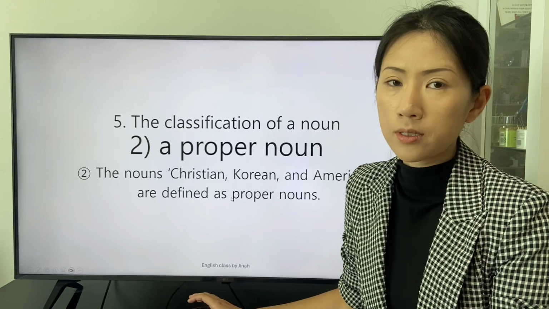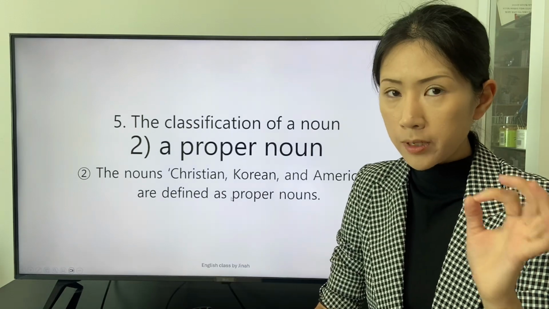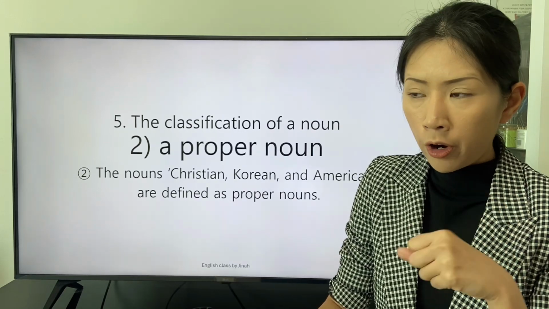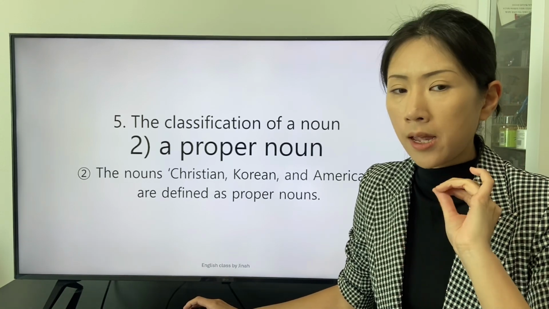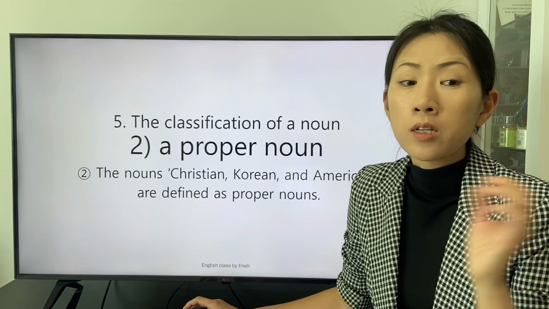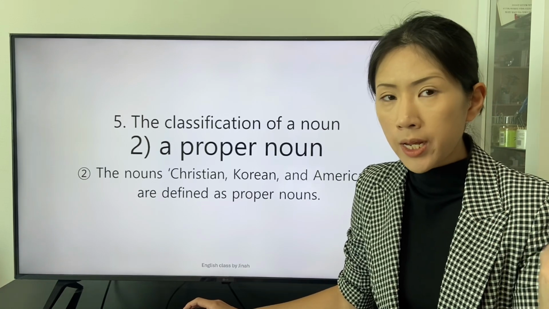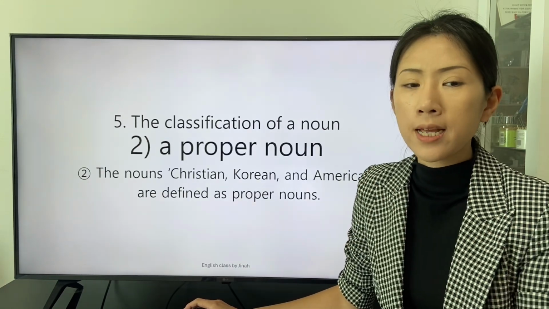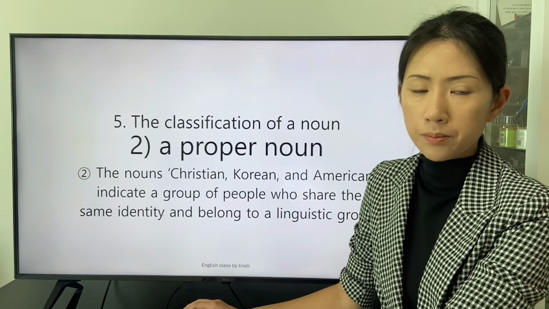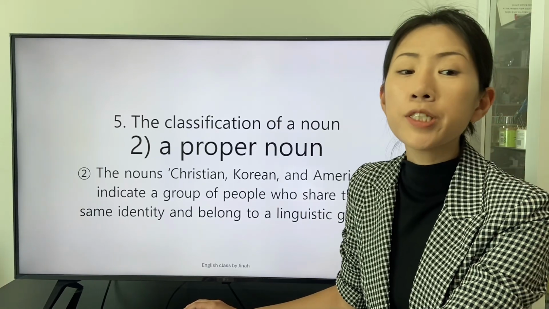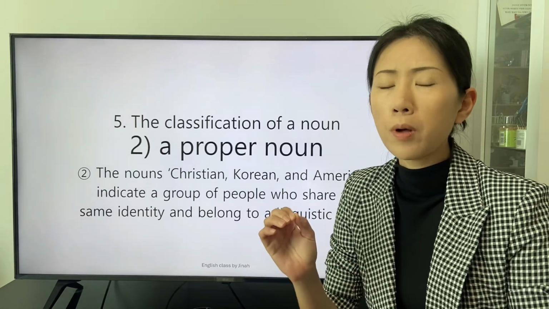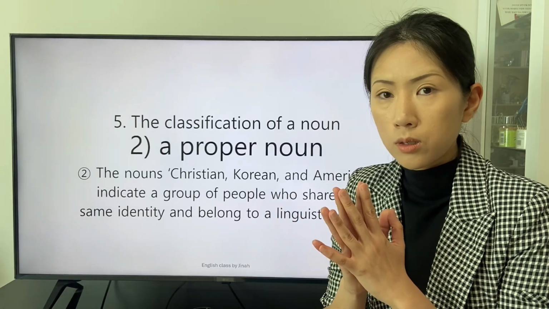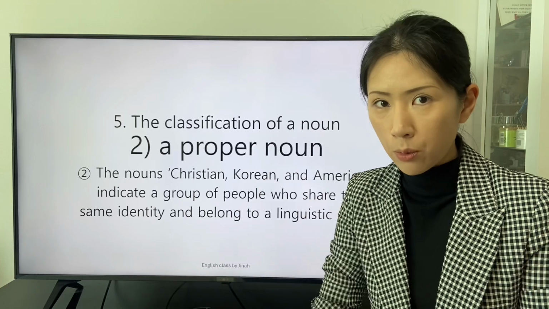Second examples of the proper noun are the nouns Christian, Korean, and American, and so on. The nouns Christian, Korean, and American are defined as proper nouns. They indicate a group of people who share the same language.